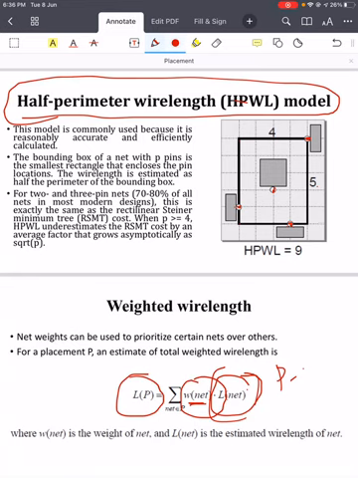But we cannot have the actual wire length, because the actual wiring is not known during placement. It can only be known during the routing stage, which follows the placement stage.